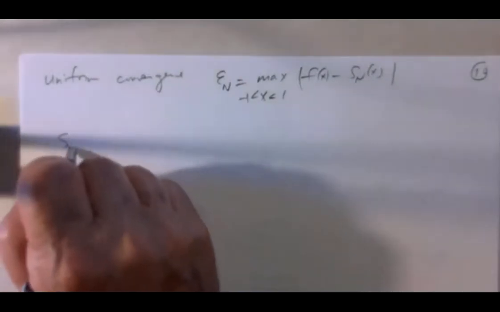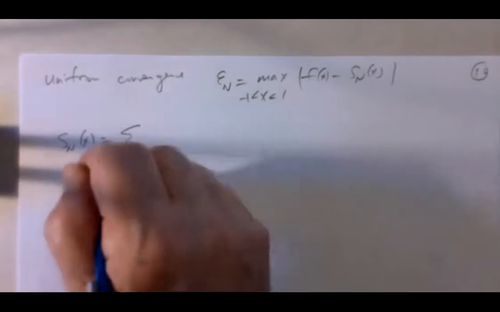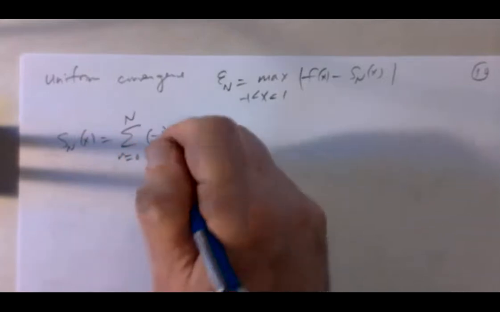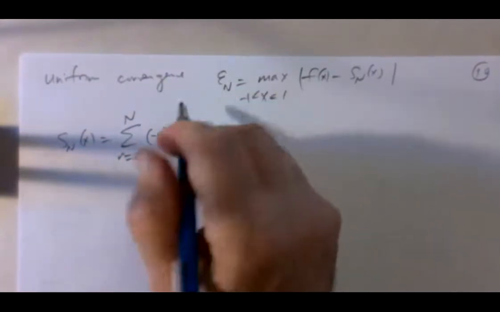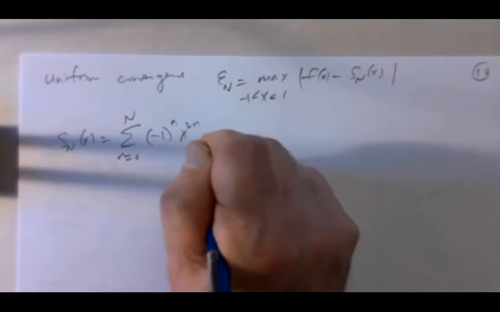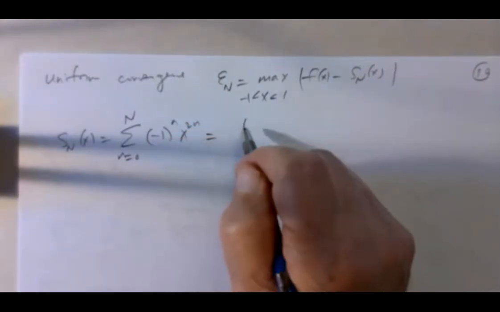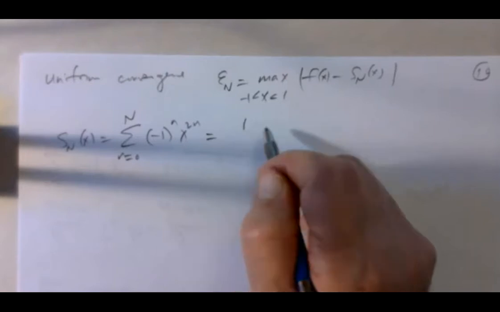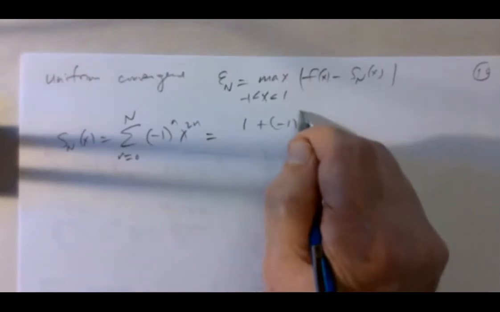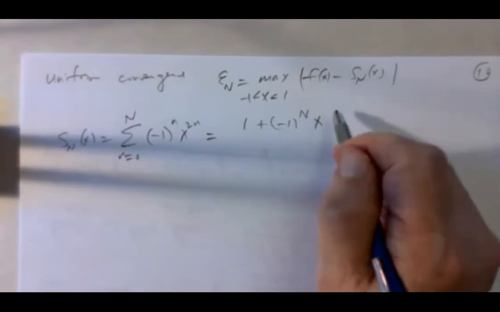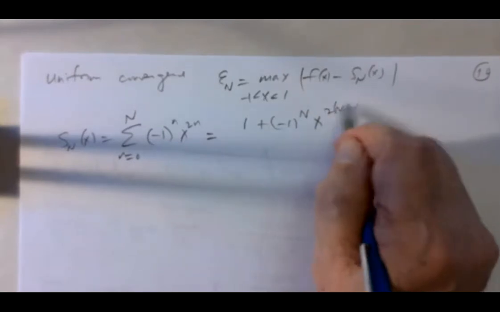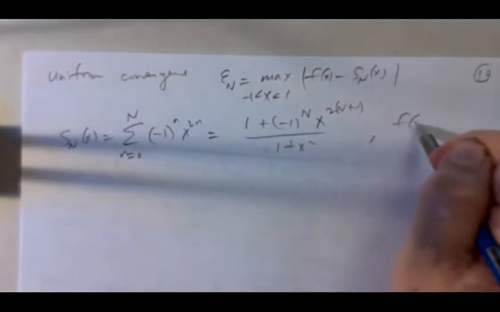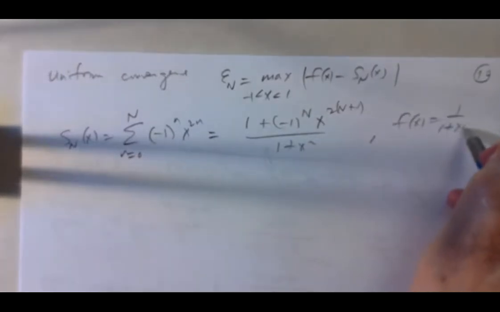Well, remember, Sn of x was summation from 0 to n minus 1 to the n, x to the 2n. That was equal to 1 plus minus 1 to the capital N, x to the 2 times n plus 1 over 1 plus x squared. And f of x is 1 over 1 plus x squared.